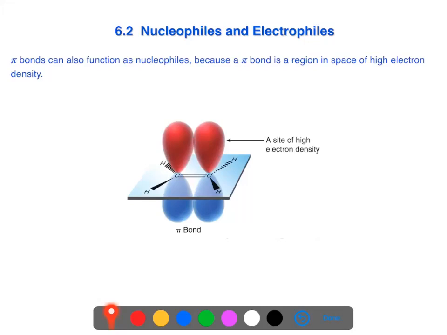We'll see this in later sections, specifically in section 8, when we start to look at addition reactions, and in section 9, when we look at alkynes. These pi bonds associated with double and triple bonds can act as electron sources, so electron donors. And so these can also be nucleophilic in character.